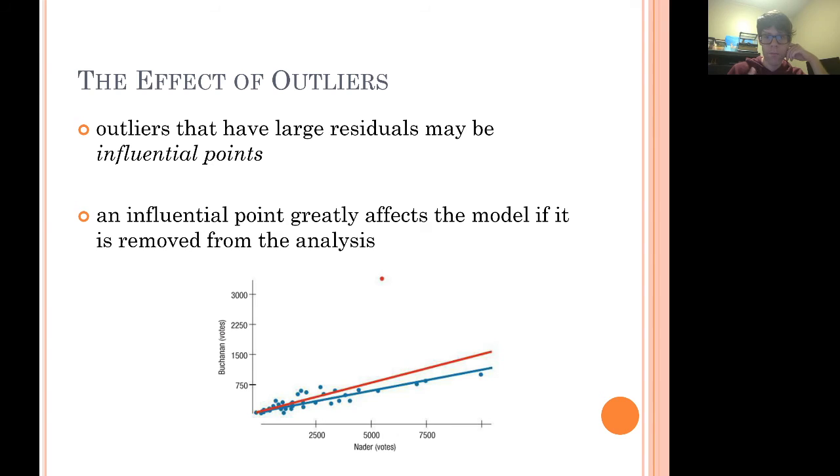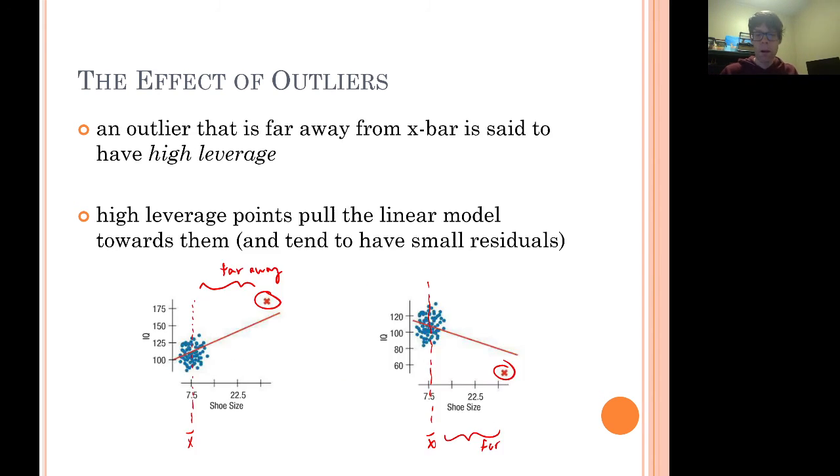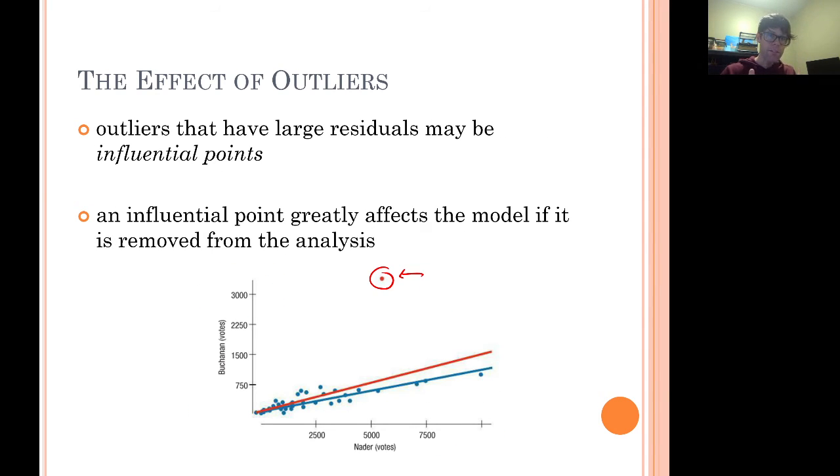So I have an example here on this slide where if I include this red point, so this red point here, apologies. This is illustrating a different point called influence. I would not consider this point to have too high of leverage because the average of the x's might be somewhere in here.